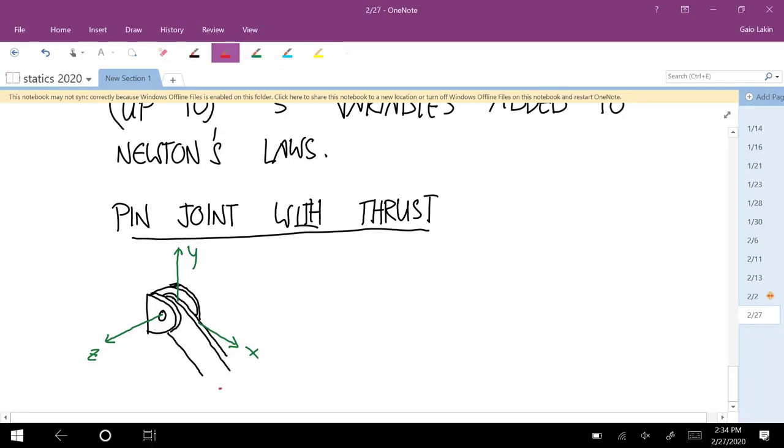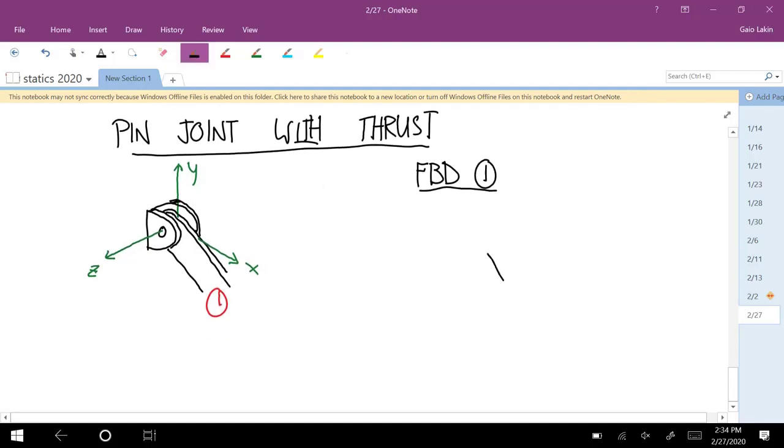And let's say this is body 1. Then a free body diagram of body 1 looks like this. Well, so let's think about how this looks, and then I'll draw the loads in here.